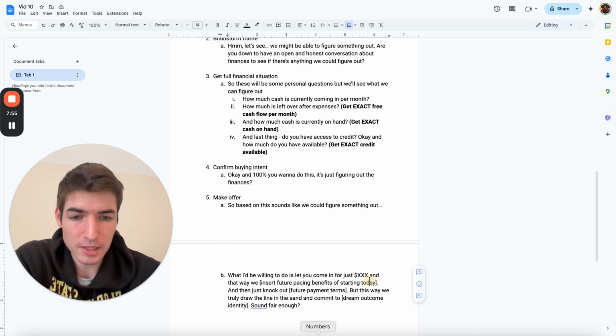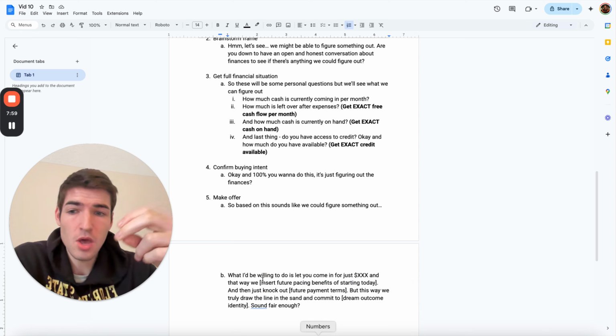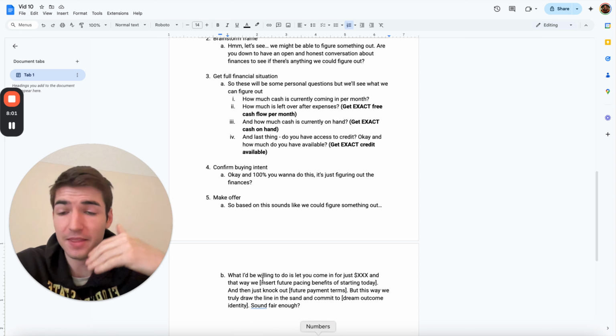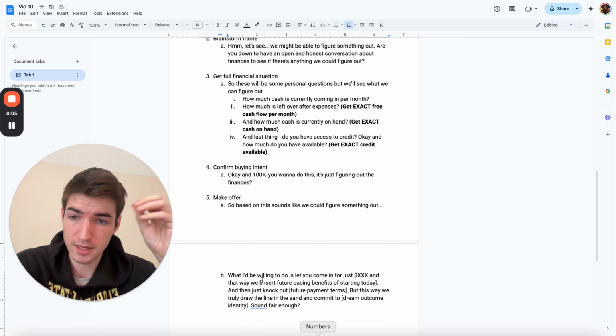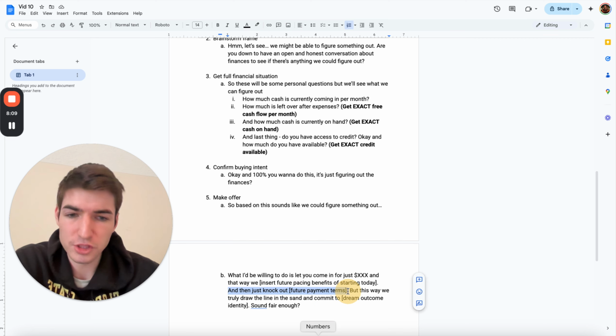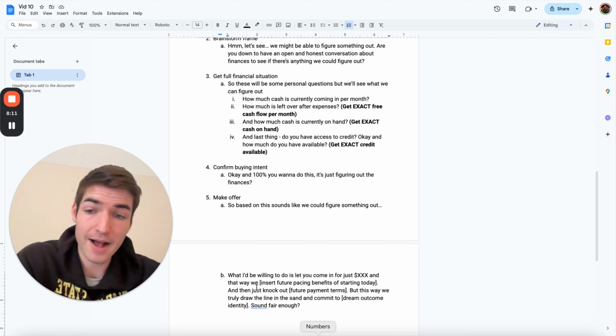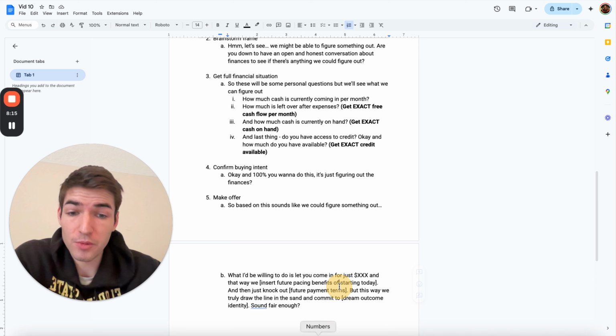Paint the picture of the benefits of them joining today. What are the instant benefits? What will they experience tomorrow, this week, because of joining? You really want to let them visualize the next step. And then just knock out the future payment terms, so we knock out the other half 1 month from now. This could be a 2-pay, a 3-pay, whatever the payment plan is, you just offer that to them.